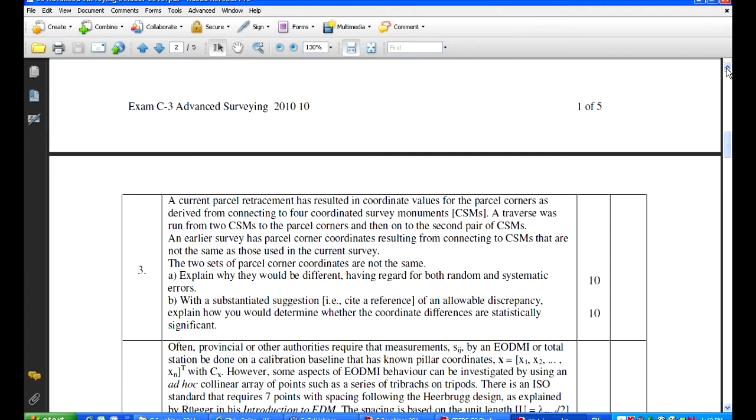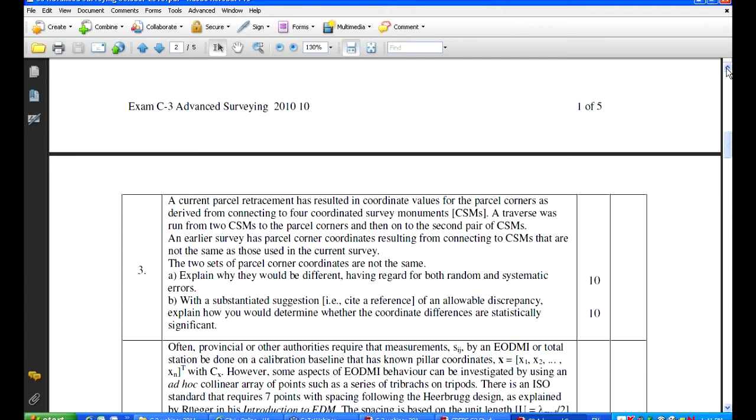Now, what was expected there by the request to cite a reference would be, for instance, if you were working in Alberta and doing a resurvey and had to compare the coordinate values, what in the manual of standard practice is there mentioned about judging the quality of them? When can you say that the coordinates that you did are basically the same as the ones that were done before?